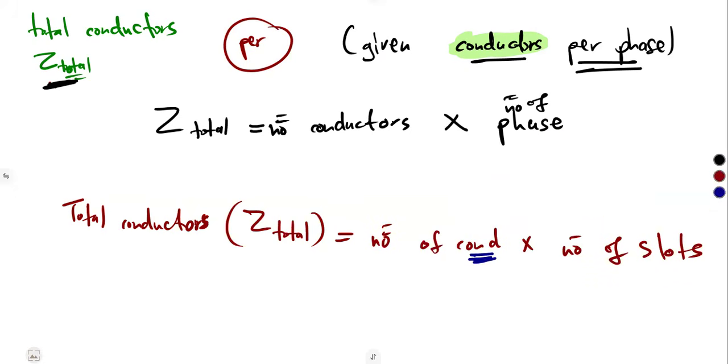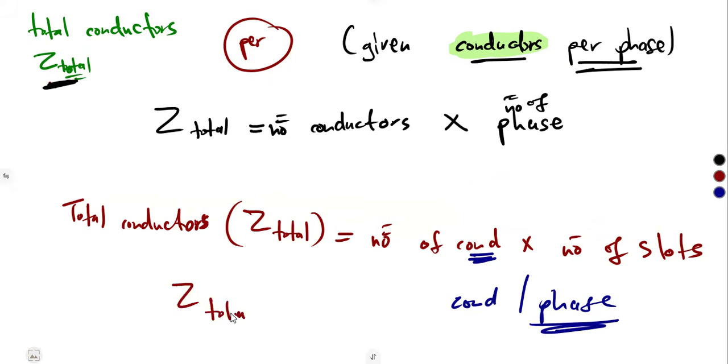So you might not be given this. You might be given something else. You might be given a condition, maybe it's conductors per what? Per phase. Let's say it was conductors per phase. How do you remove per phase? You multiply by per phase. So Z total can also be calculated from that. We can calculate Z total from per phase value times number of phases.